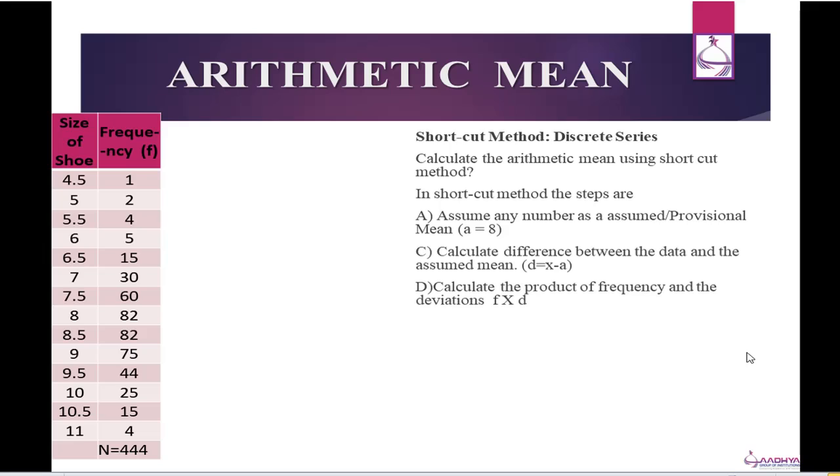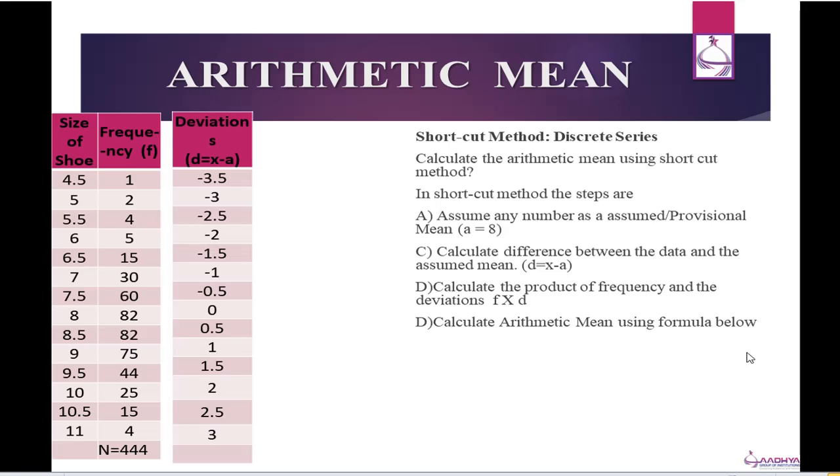Then we calculate the differences between the data and the assumed mean, which we call D, or difference or deviation, and then we calculate the product of the frequency and the deviation. This is then summed up and applied to the arithmetic mean formula. But we'll do a small step here to simplify this process, which we'll see when we do the solution part.